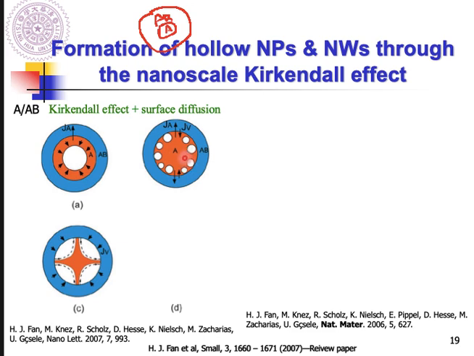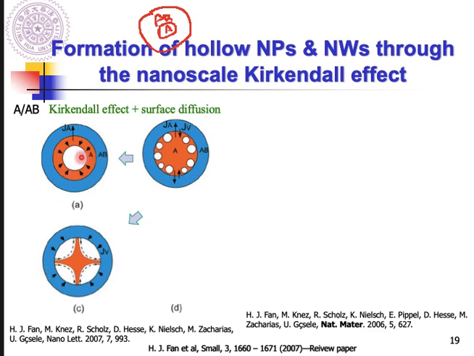And next, if you continue to heat this material up, the diffusion still happens, and these small voids will accumulate to form a larger void. So you have a chance to form either of these kinds of structures.